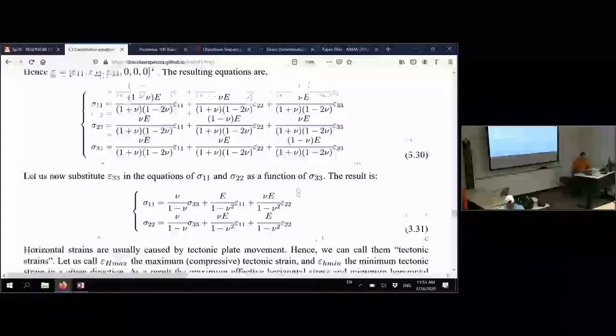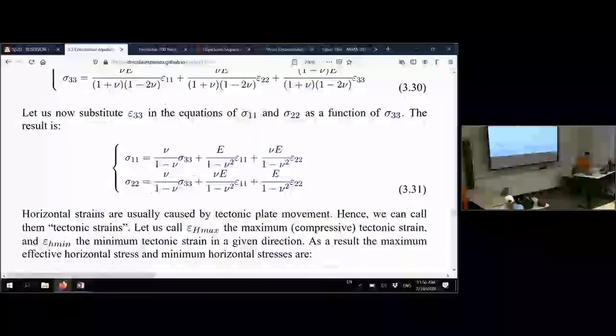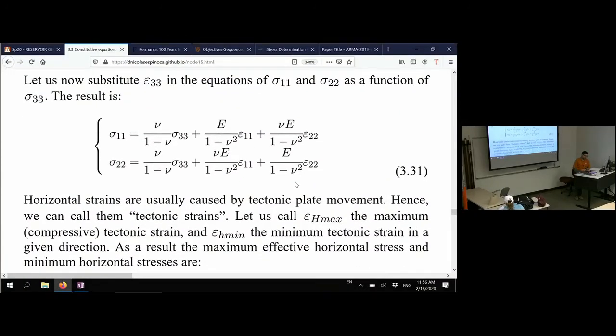You write those by using sigma 3 instead of epsilon 3, and now you have equations of sigma 1 and sigma 2, which are horizontal, as a function of the vertical effective stress and now the tectonic strains. Notice that in these equations, if epsilon 1 and epsilon 2 are equal to 0, we're back to what we had before. And those sigma 1 and sigma 2 are the same. But if those are not equal to 0, then we have these 2 additional terms.